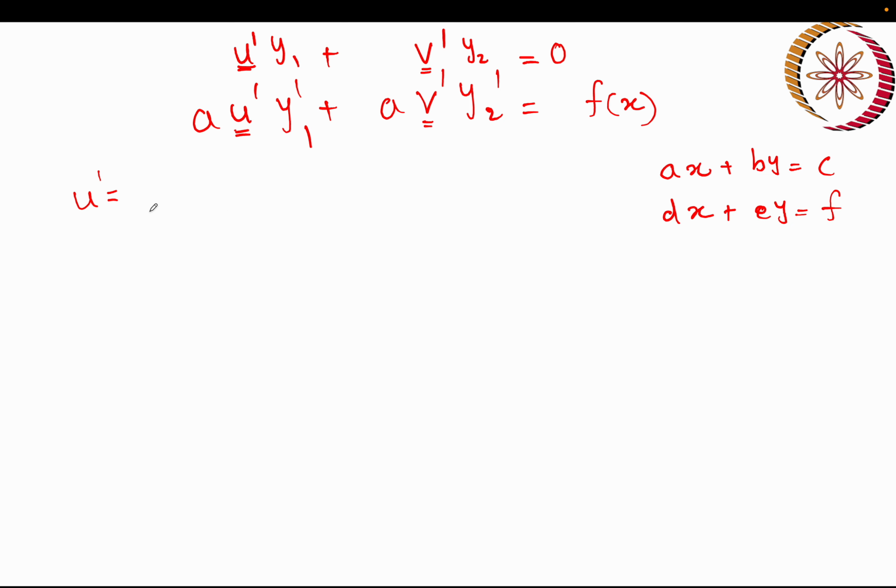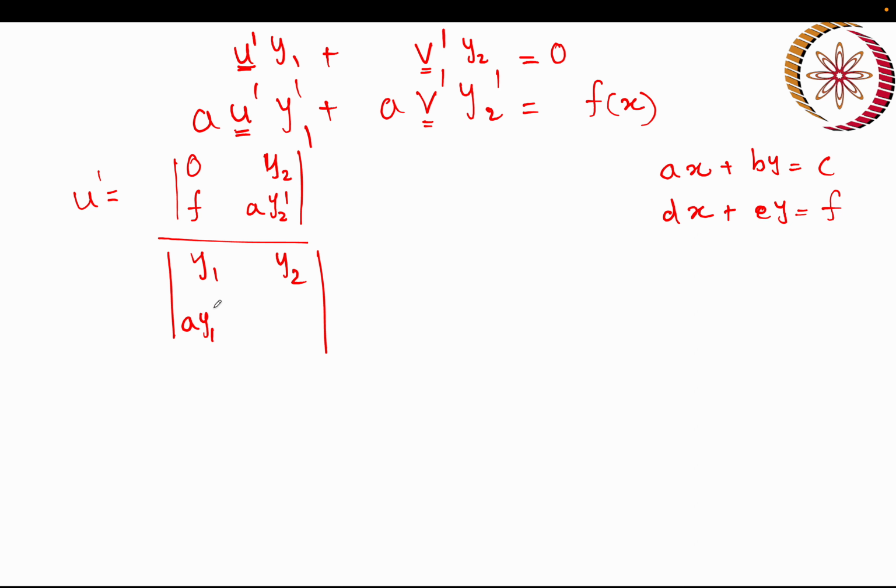So u prime will be, wherever u is, we write this f, and then y2 and a y2 prime, and in the denominator will be y1, y2, a y1 prime, a y2 prime.